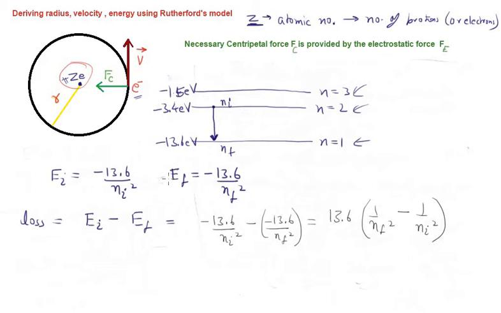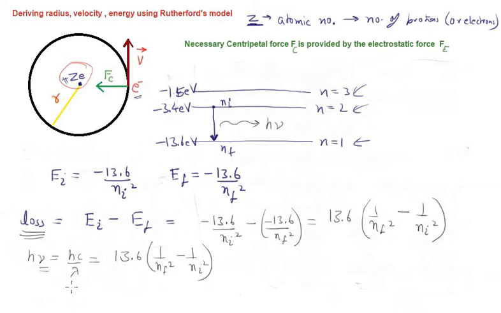Now we know that this difference in energy, the loss in energy, is emitted in the form of a photon. So the loss must be equal to h nu. So h nu will be hc by lambda. We know that frequency is speed upon wavelength. So hc by lambda will be equal to 13.6 into 1 by nf square minus 1 by ni square.